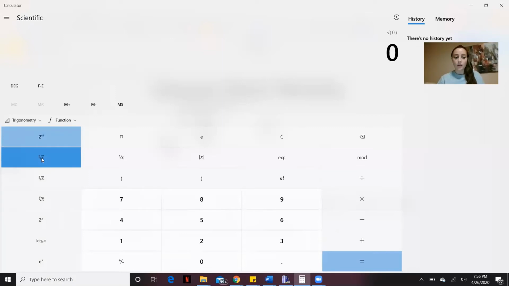With the cube root, there's a 3, and we'd have 3 numbers multiplied together, but we only want 2, okay? You want to make sure you type the number that you want to take the square root of first. So we're taking the square root of 9, you hit second, then the square root, and you get 3.